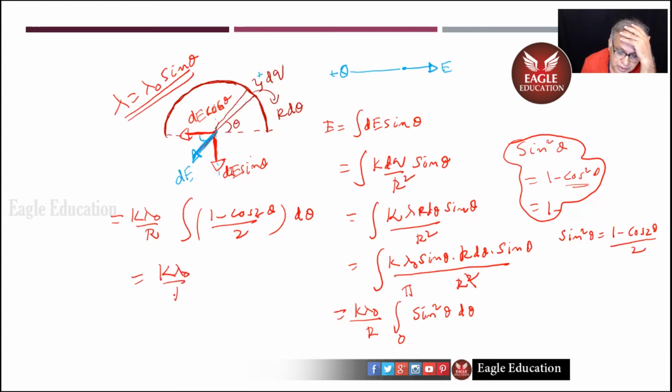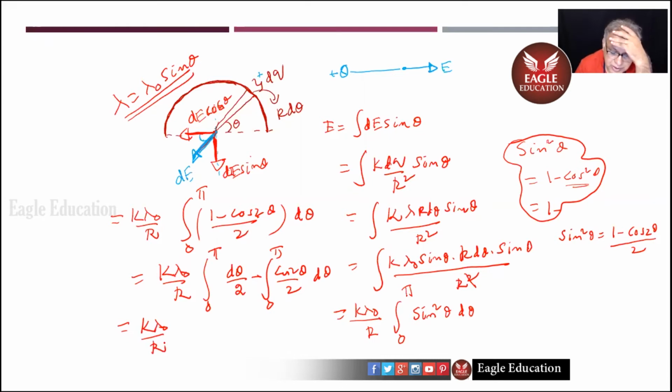So k lambda by r into, if you want in more detail, d theta by 2 minus cos 2 theta by 2 d theta, from 0 to pi. So k lambda naught by r. Tell me, the integral of d theta by 2 is theta by 2, with pi minus 0.